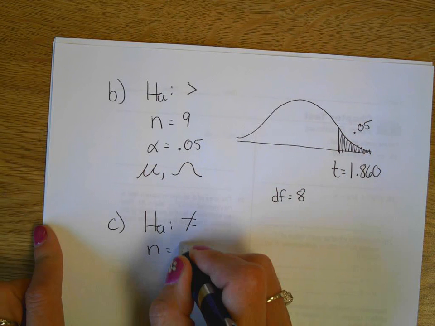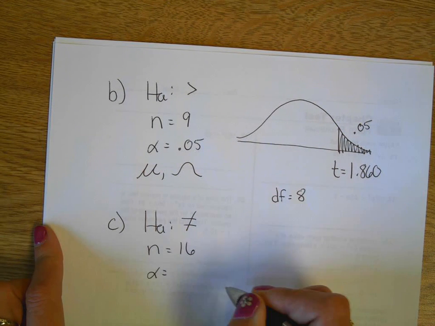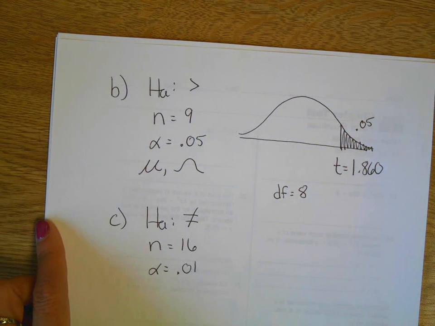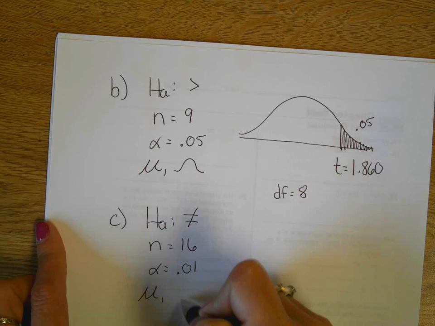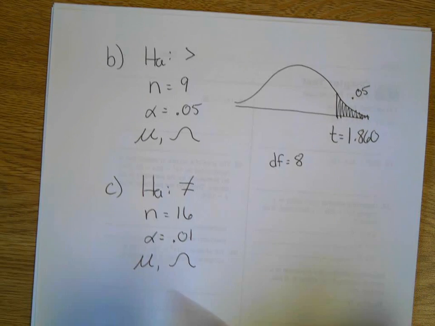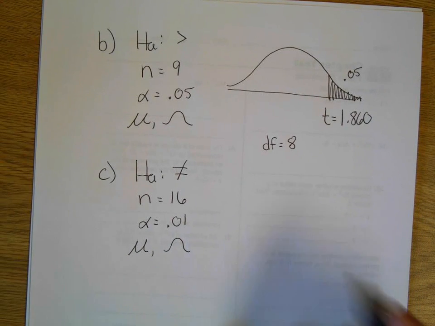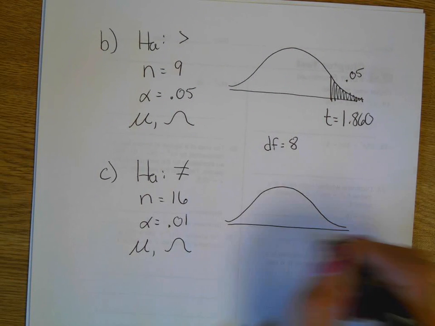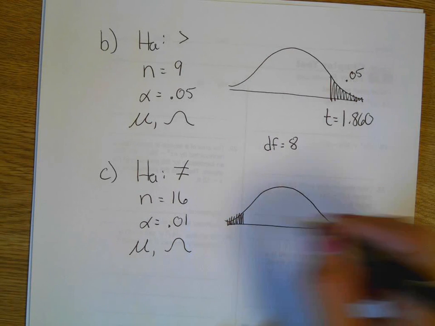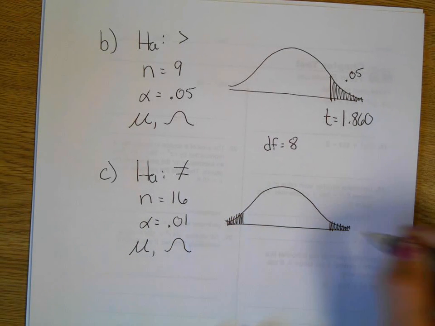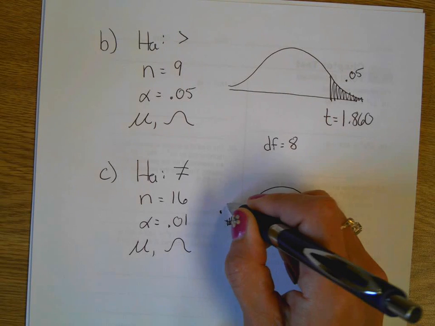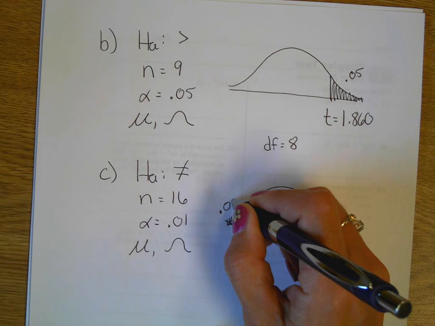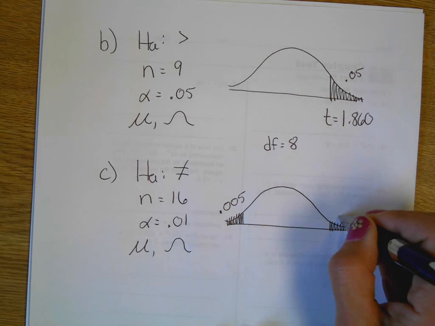N is 16. Alpha 0.01. Claim has a mean, normally distributed. What's going to be in each tail? 0.005.